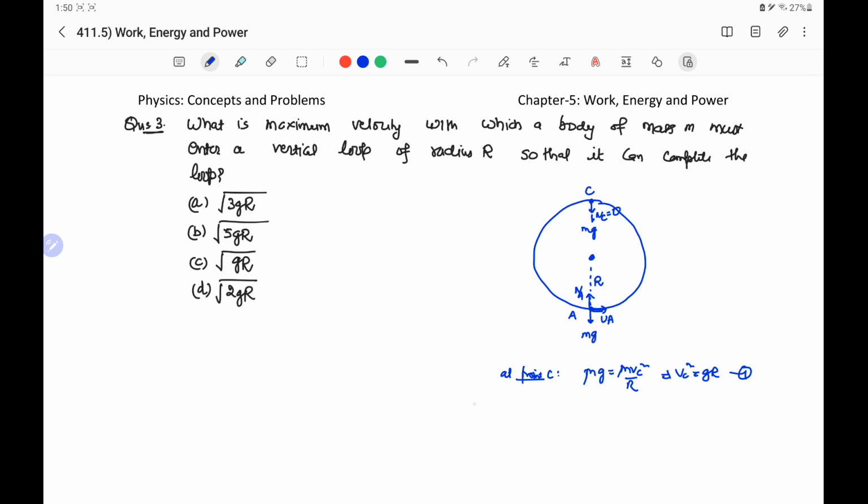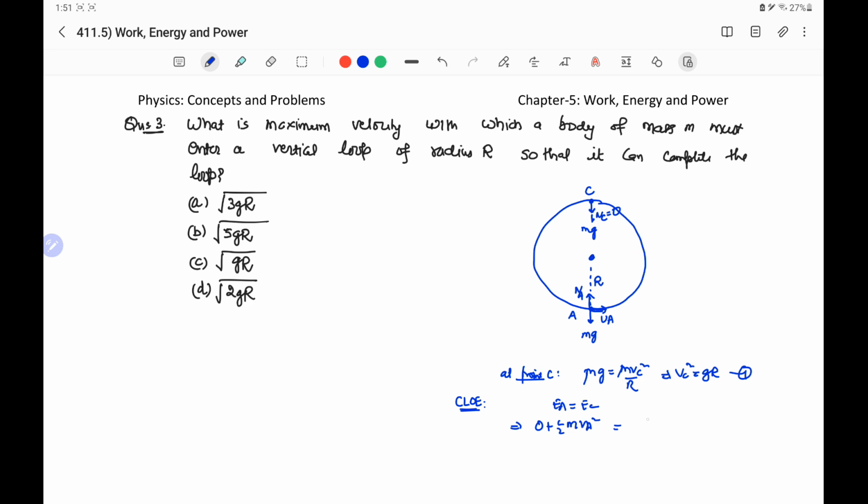Now, from the conservation law of energy, the total energy at point A will be equal to the total energy at point C. Considering point A as a reference point, potential energy is 0 and kinetic energy will be equal to half m Va square.